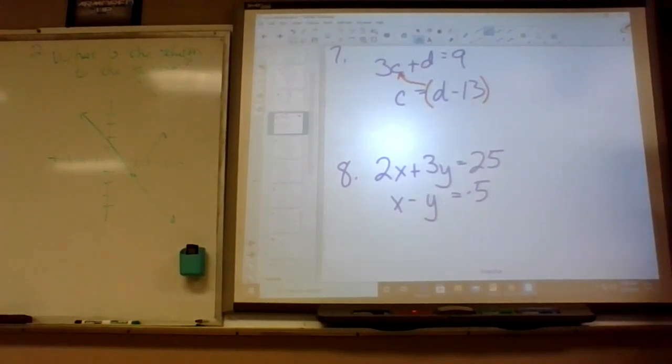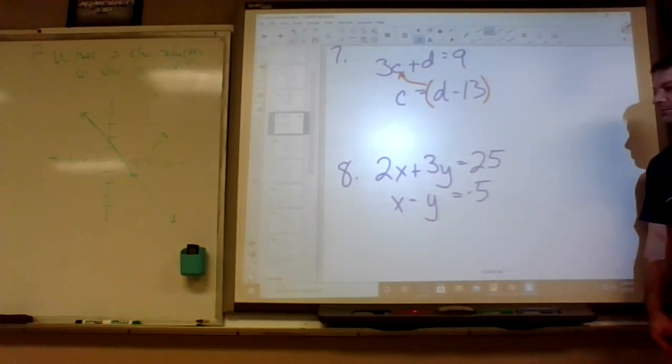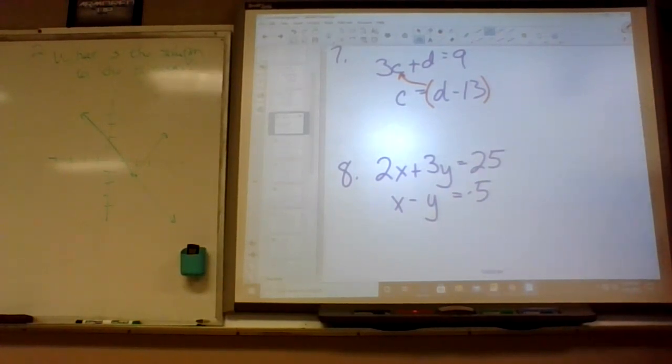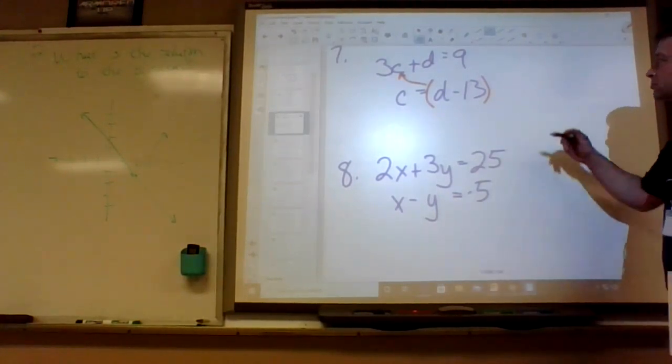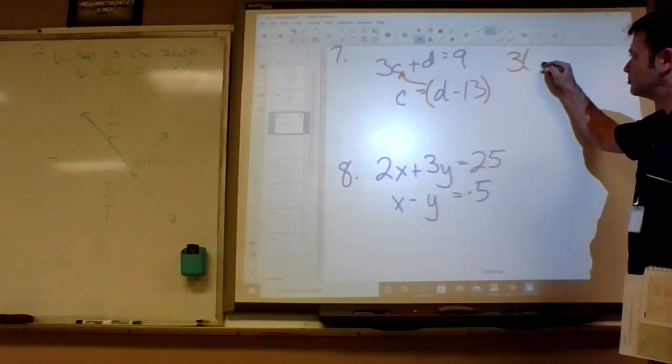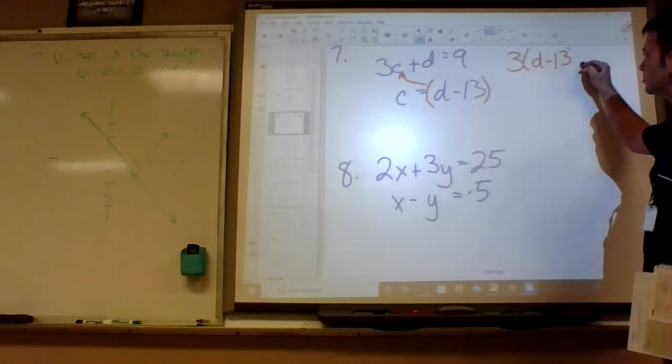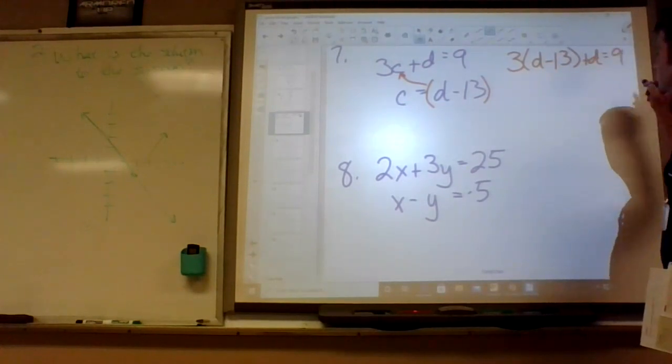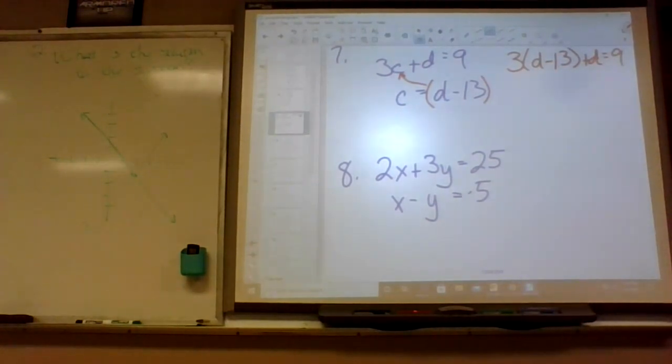What's with the parentheses and arrows? That's how you do substitution, because C equals that, so you can just plug it in for C. Is 8 substitution or elimination?